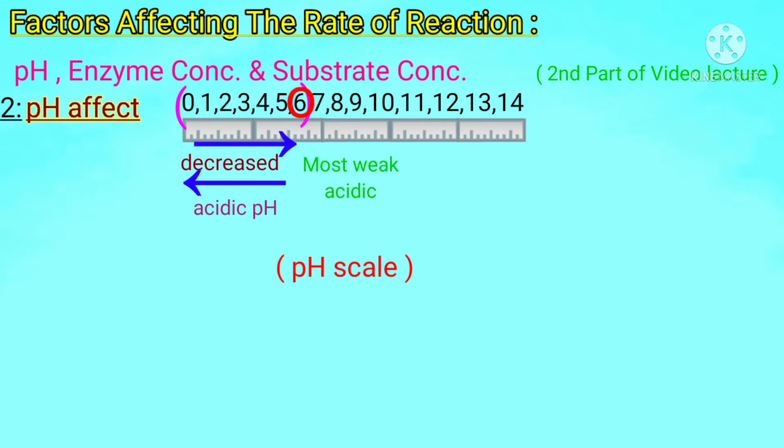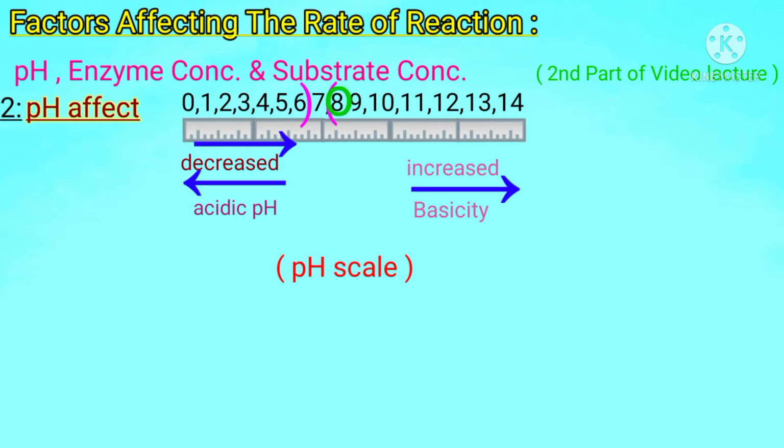Similarly, the numbers from 7 to the right side are representing the basicity of a substance. As we move towards the right side, the basicity is increased. So 8 is the weakest alkaline and 14 is the strongest alkaline. So students, we can say that when the pH is lowering, then it is moving to a more acidic nature.